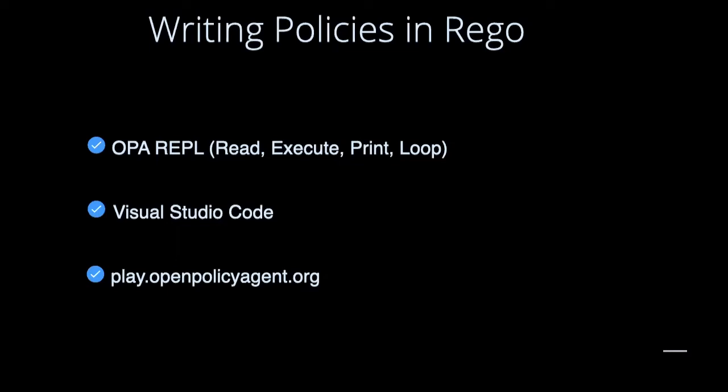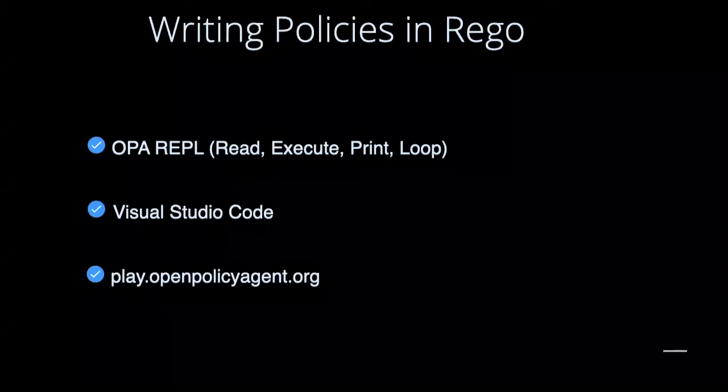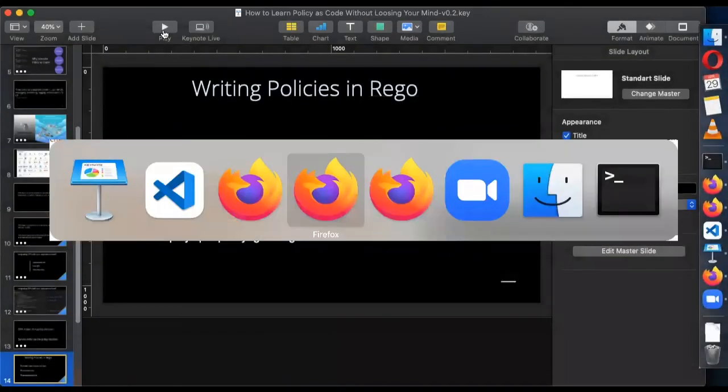So there is a Visual Studio Code add-on. I'm not going to demonstrate that because I have a live debugging session going on right now, and I don't want to interrupt that. So we will go and experience play.openpolicyagent.org. I'll get started by explaining what it took for me to write the policy that is currently integrated with the Python Flask application.